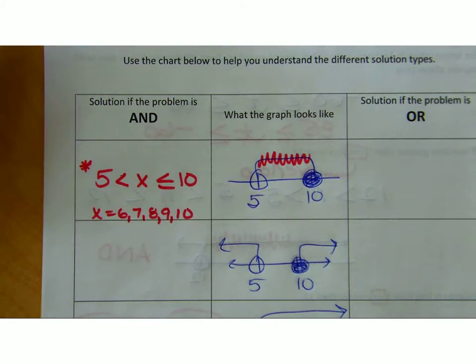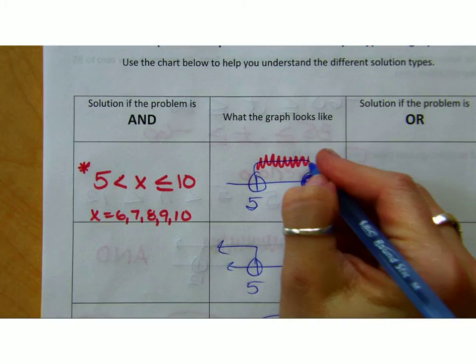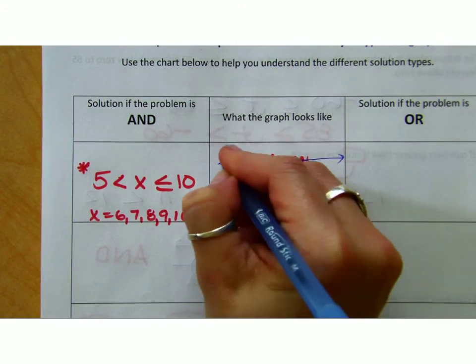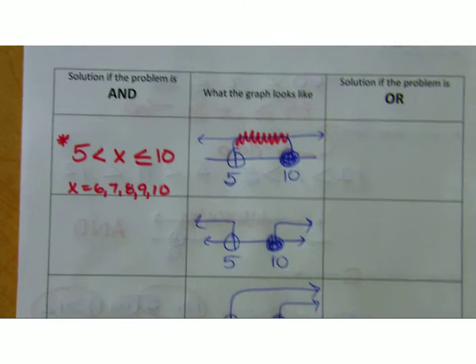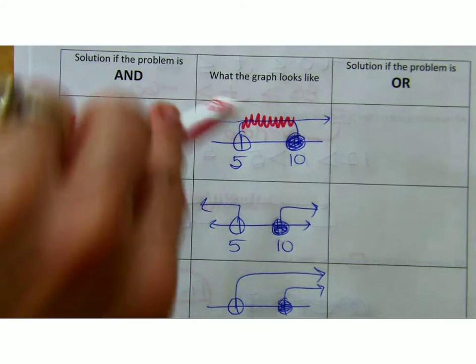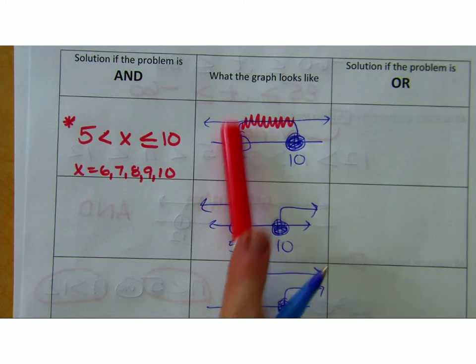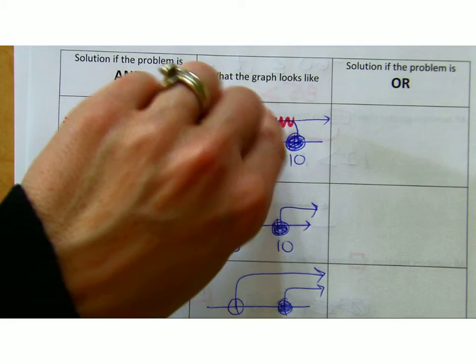If this was an or, I don't need overlap for ors. Anybody have any idea how that would look if your graph looked like this and it was an or? Hey, let's just use common sense for a minute. Give me a number that's greater than 5. 6, 7, 8, and every number in that direction.